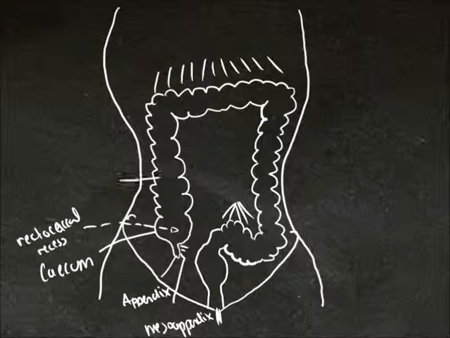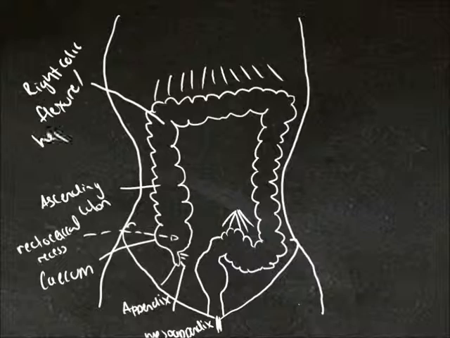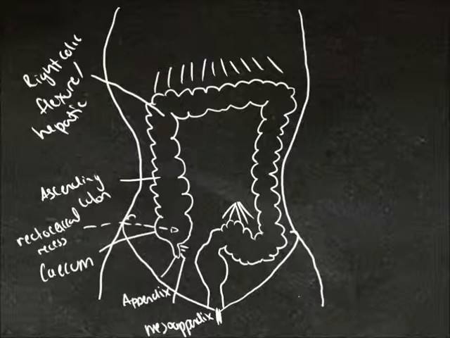Moving up, we have the ascending colon. Then we have the right colic flexure, or hepatic flexure. We have the transverse mesocolon and the transverse colon.